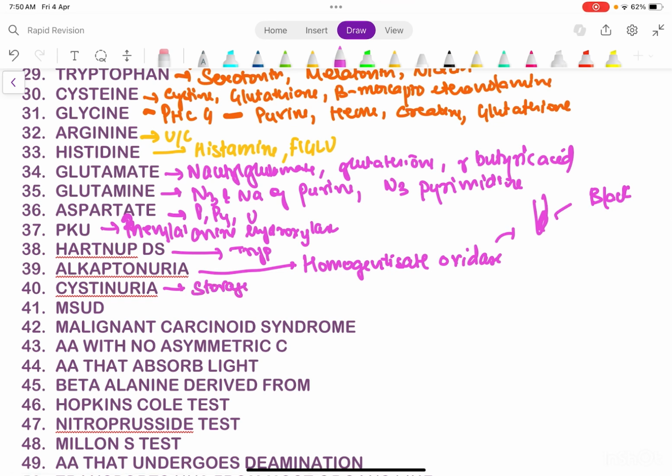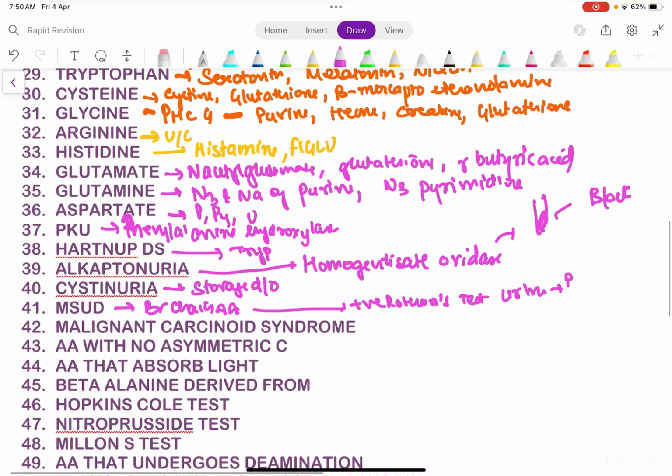Then cystinuria is a storage disorder. Maple syrup urine disease is because of the branched chain amino acids. This will give us a positive Rothera's test, and the urine smells like burnt sugar.